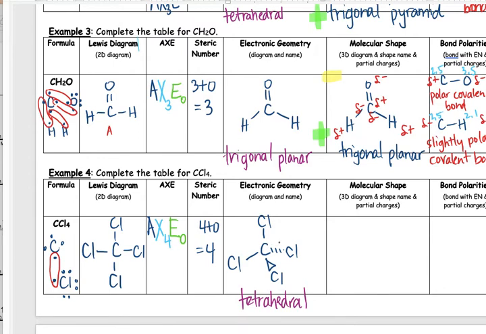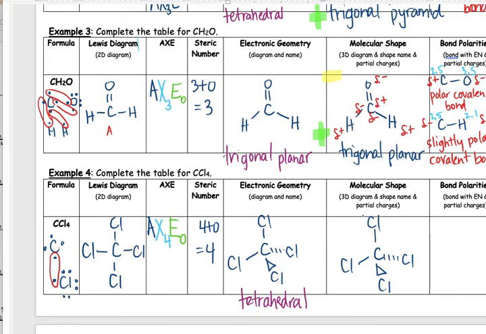So what we've always done from electronic geometry shape to molecular shape is we don't draw in the lone pair that's sticking out, okay? But in our case here, we don't have a lone pair, so we're just going to keep drawing our shape like this. Okay, put the peripheral atoms on, the chlorines.